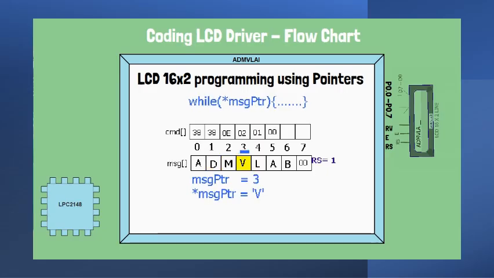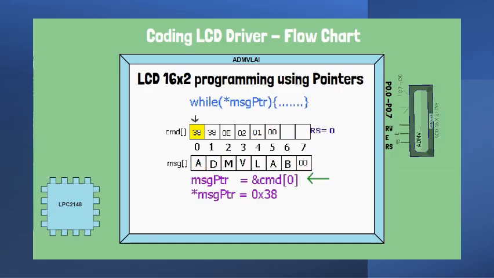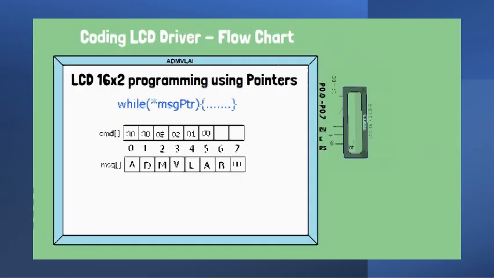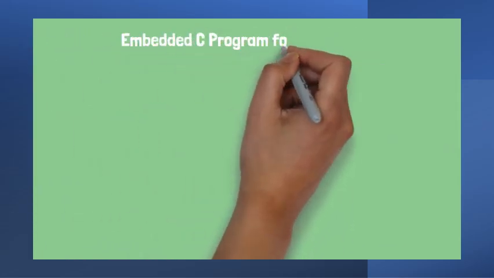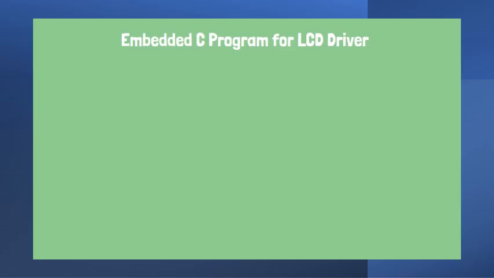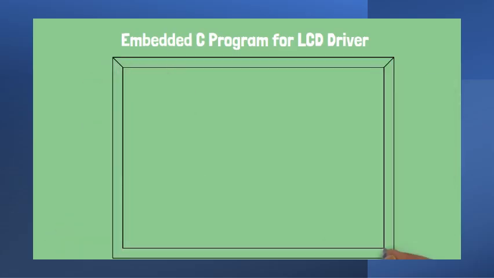The memory pointer now points to the message table. The pointer reads the message table until it hits a null character. So a simple while loop, a memory pointer, and toggle of the register select bit is what we need to write a driver for the LCD controller. Let us start coding as per the flow chart.